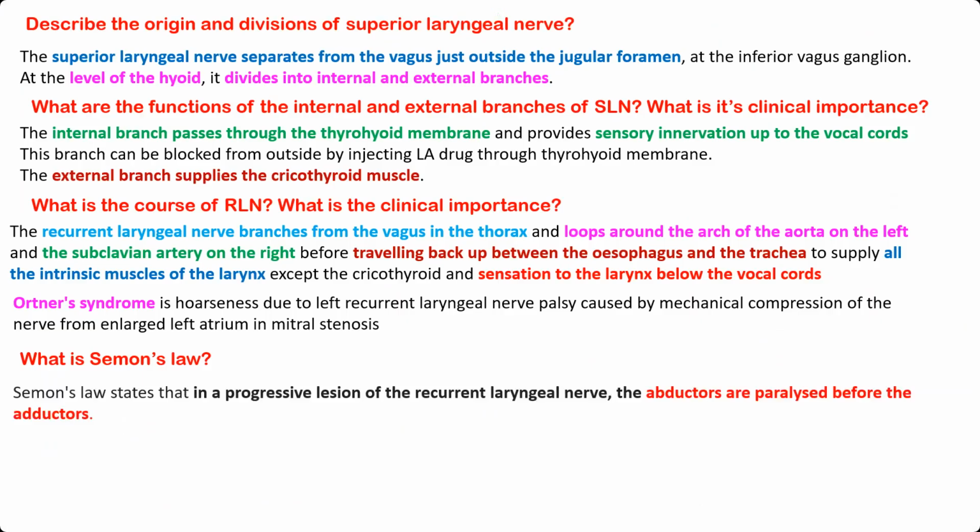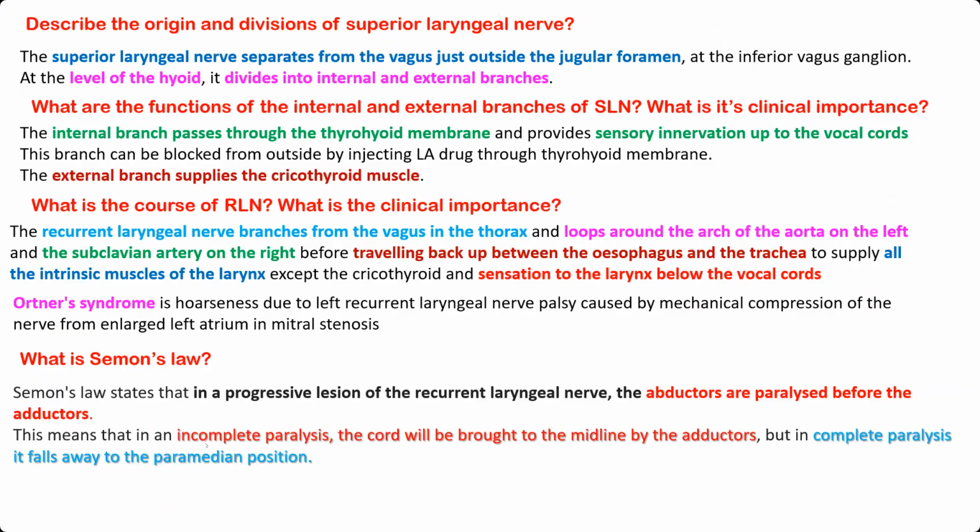So abductors will be affected first before the adductors. So in a progressive lesion of the recurrent laryngeal nerve, abductors are paralyzed before the adductors. So there is always a risk of the glottic opening becoming narrower or totally closed down.